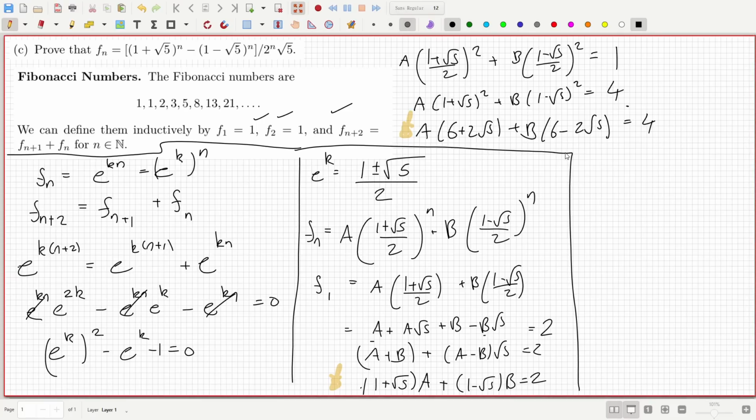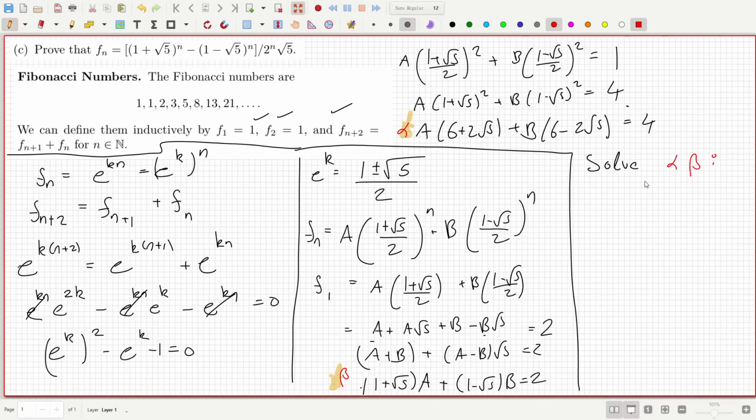A and B will be negative of each other. Solve for alpha and beta. It's a linear system. And you'll get, hang on, I'm using my calculator here.